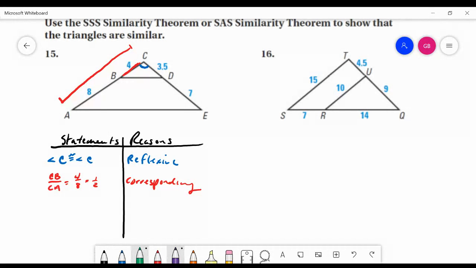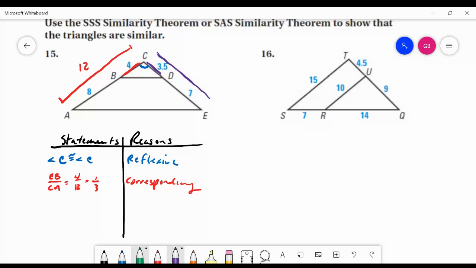And then 3.5, and this big side, I'm sorry, let's go back to the red one. CA is not 8, CA is 12. Sorry about that. So that simplifies to 1/3.